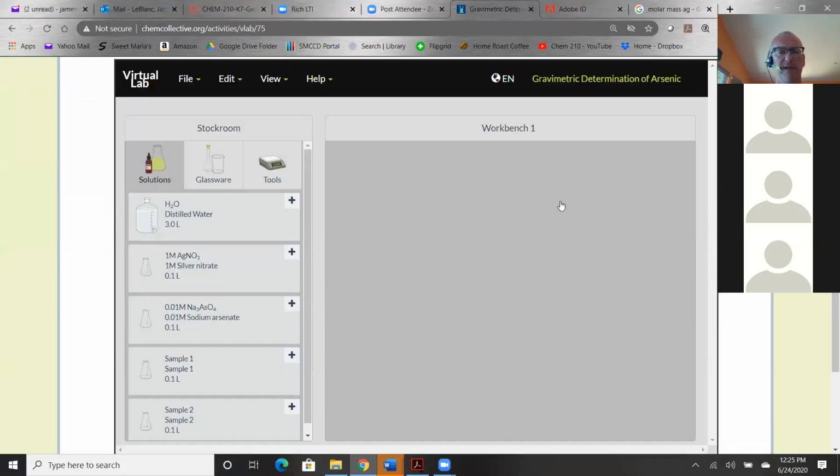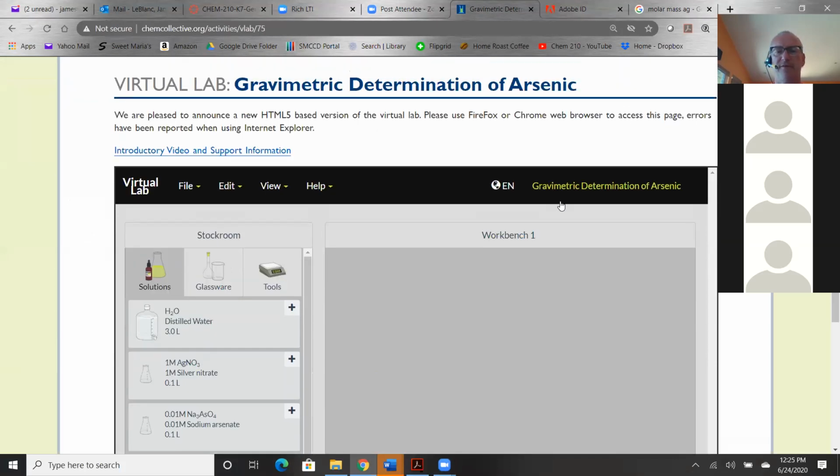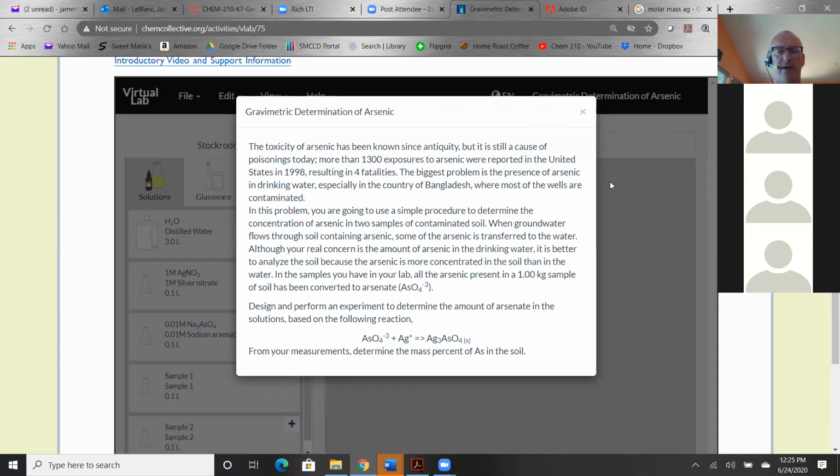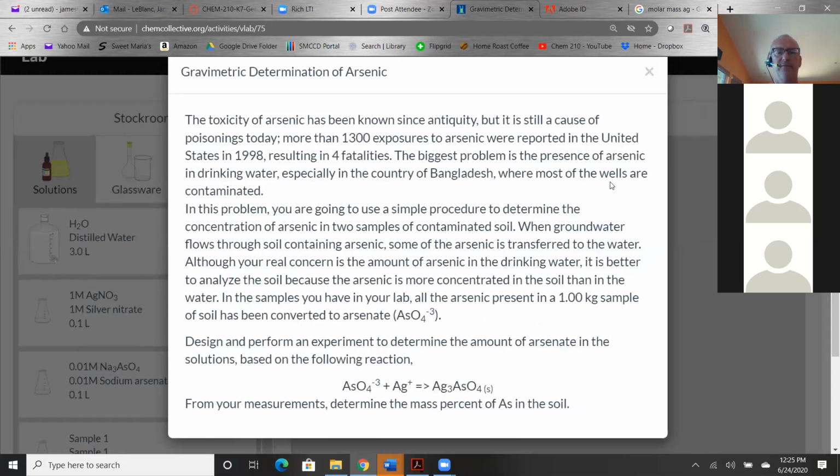Okay, so here's the screen. Gravimetric determination of arsenic. When you click on the title, it gives you a rundown of basically why we're doing the experiment. Arsenic has been known about for a really long time.